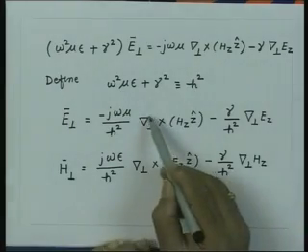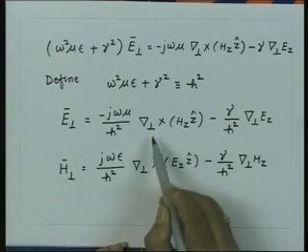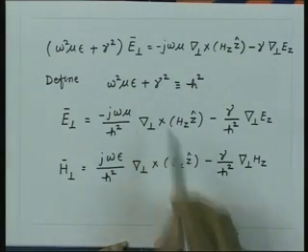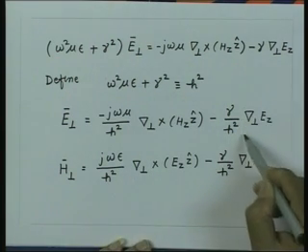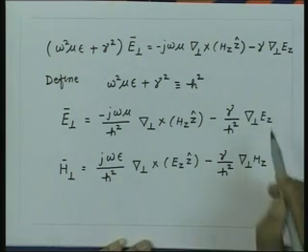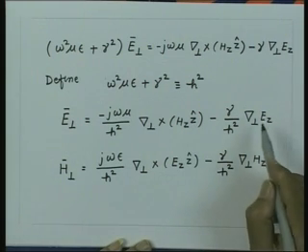What is this quantity representing? This quantity is representing a curl in the transverse plane, whereas this quantity is representing the gradient of Ez, which is a scalar quantity, in the transverse plane.